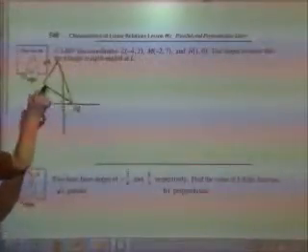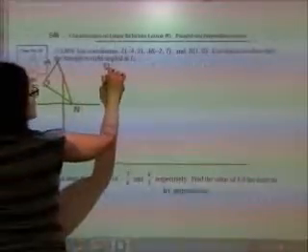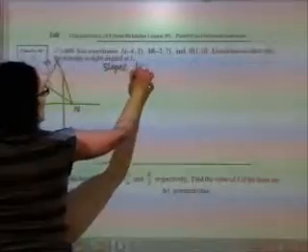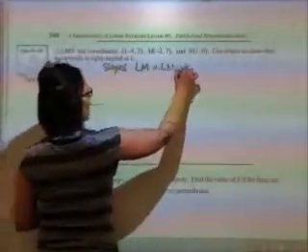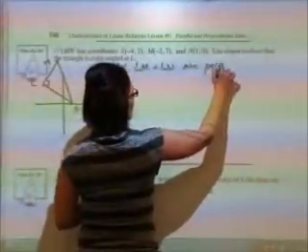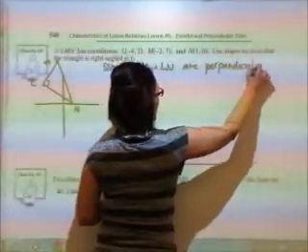So what I want to do is prove it's right angled at L, so I want to prove that the slopes of LM and LN are perpendicular, because in a right triangle, those have to meet at a 90-degree angle.